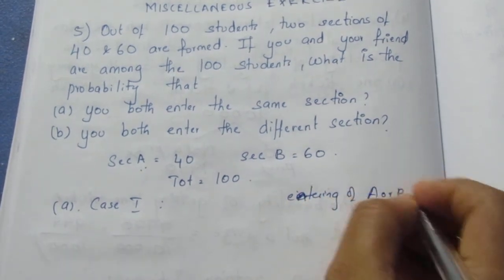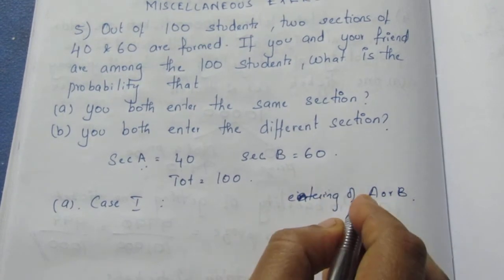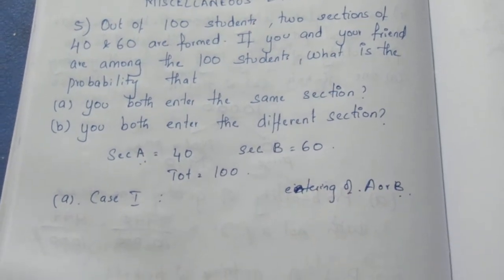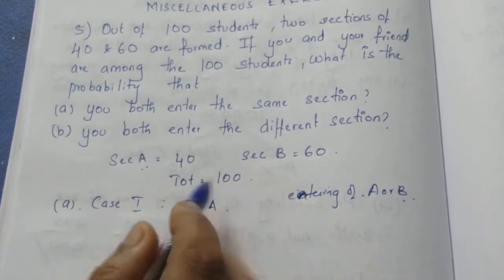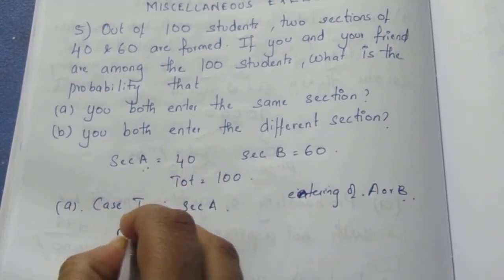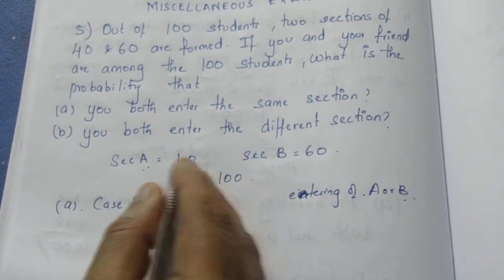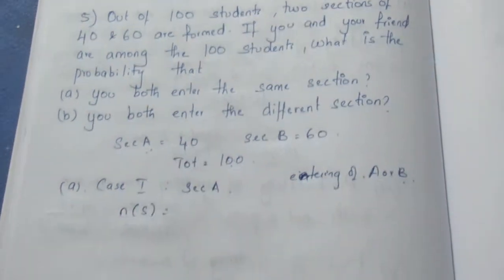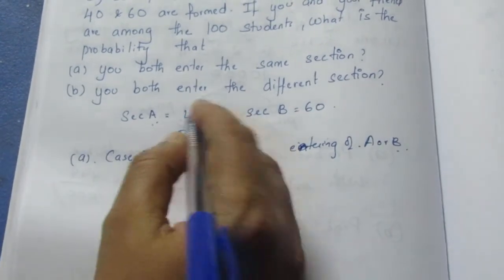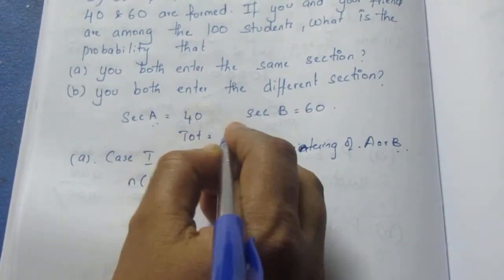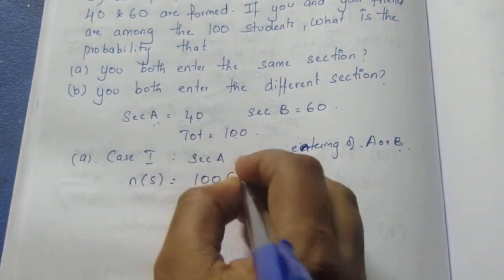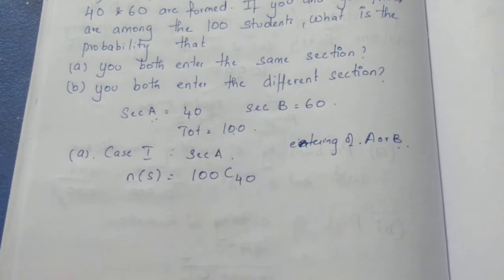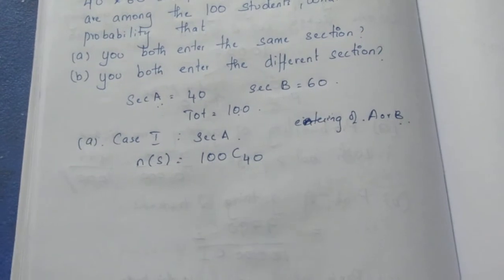You can enter A or otherwise you can enter B. Now in case 1, let me take section A. In section A, your sample space n(S): from the 100 students, 40 will be selected for section A, so it becomes 100C40. It will be a combination, not a permutation, because we can select any students.